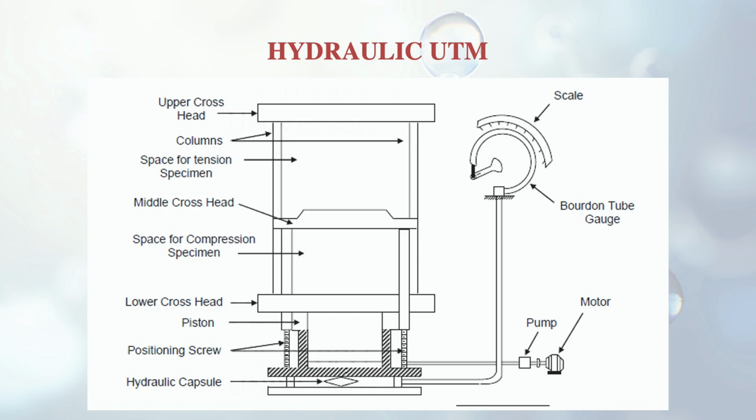So what happens, suppose I am placing this specimen here in this portion, then suppose the piston goes up, so these two will also be going up, and this particular specimen will be pulled up, so the tension will be acting in this case. And if a specimen is at the bottom, then the compression will be acting.